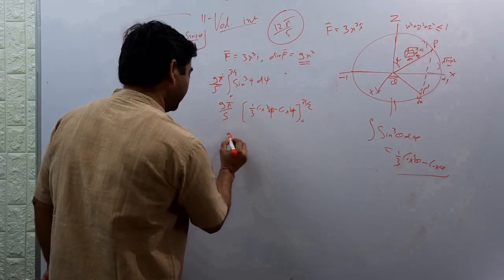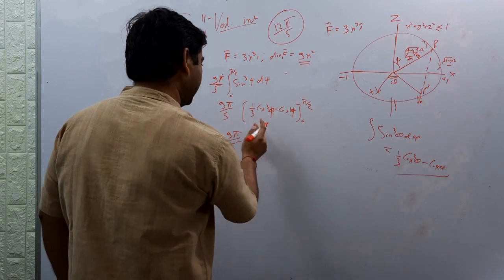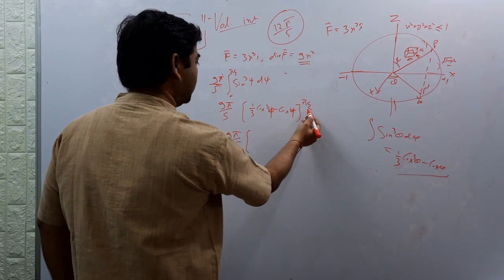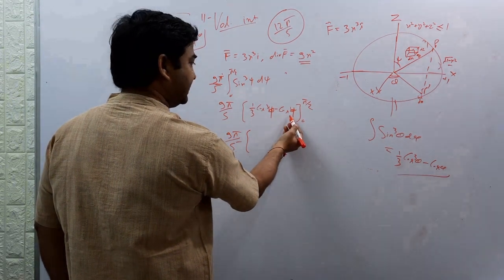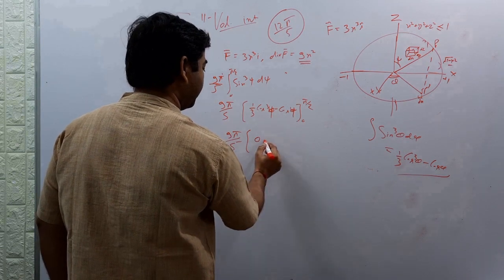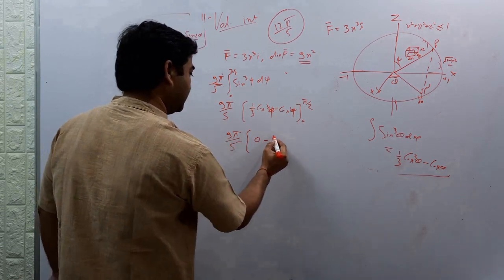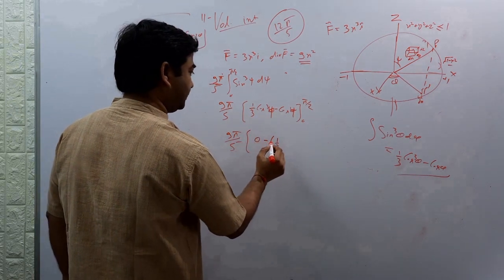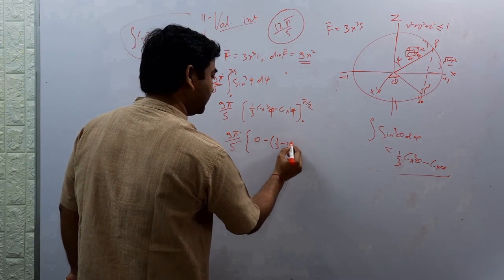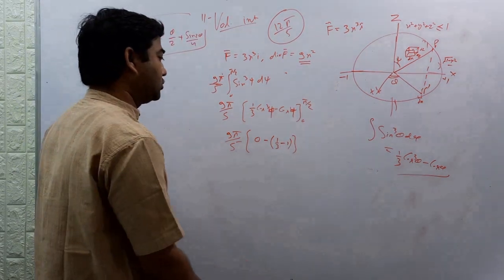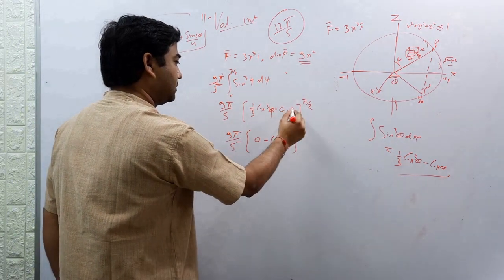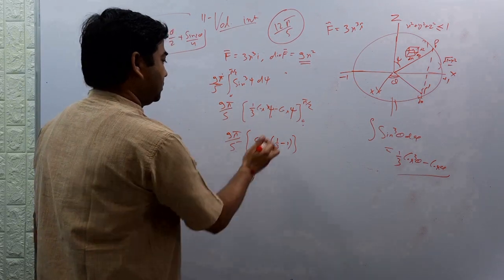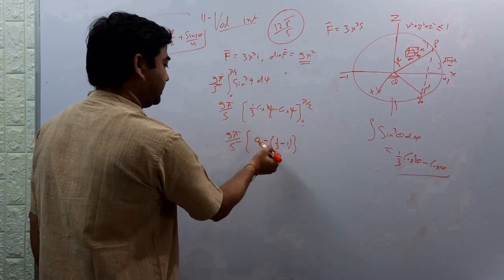This can be written as 9 pi by 5, at pi by 2. Cos pi by 2 is 0. So this is 0. Minus, 1 by 3 minus 1. Cos 0 is 1, so cos cube 0 is 1 by 3.